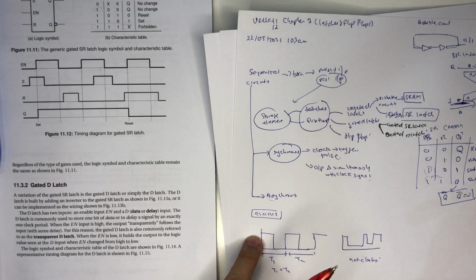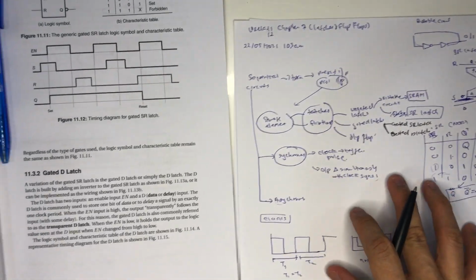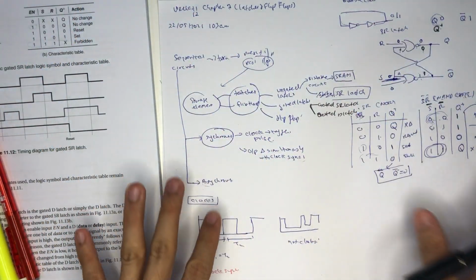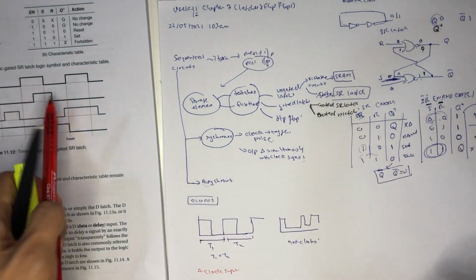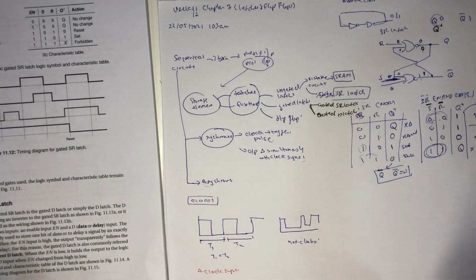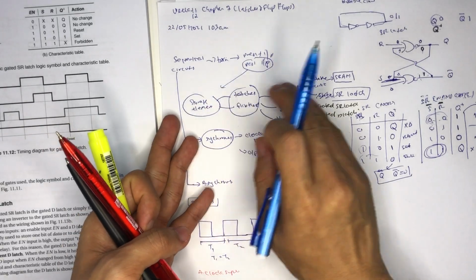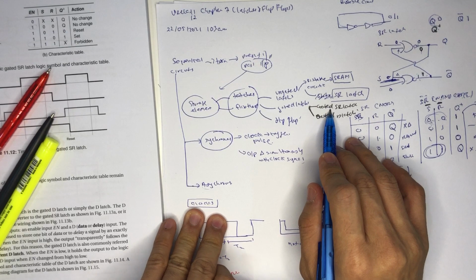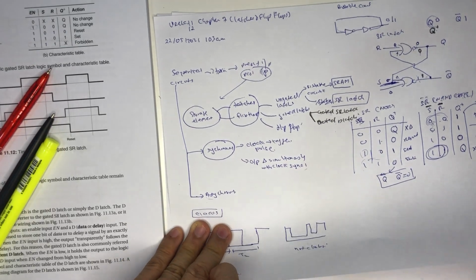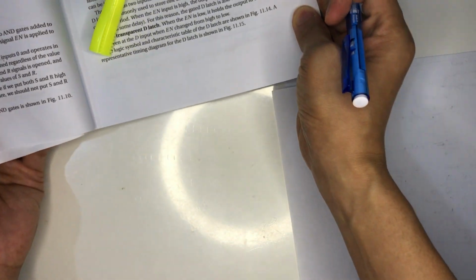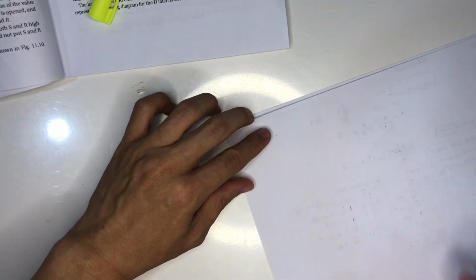You can create your own brainstorm or link, which will be better. This one is for the sake of teaching, and also I cannot write very nicely, otherwise it will take time. So just to show you the linkage between them. So now gated latch, and under them are the gated SR latch and also the gated D latch. So let me go for the first type of the gated latch, which is the gated SR latch.